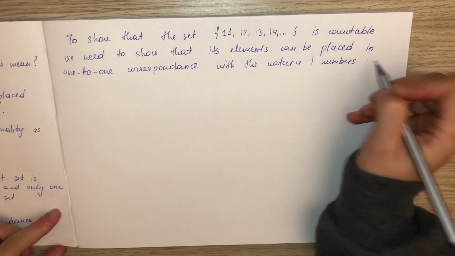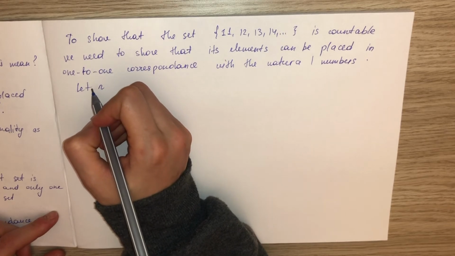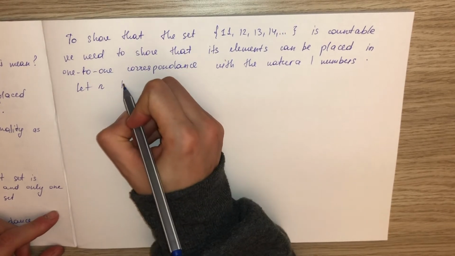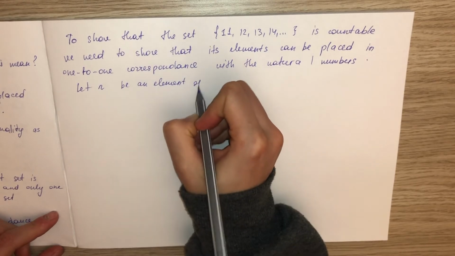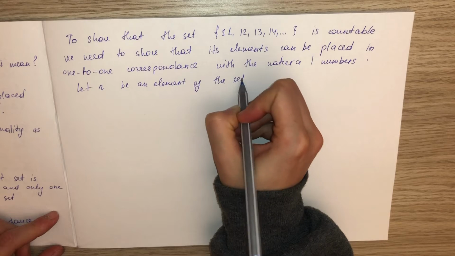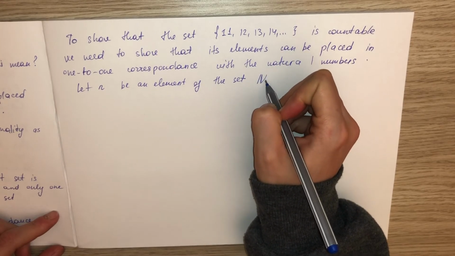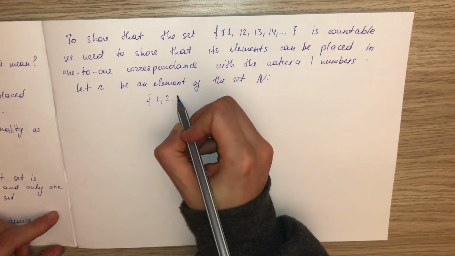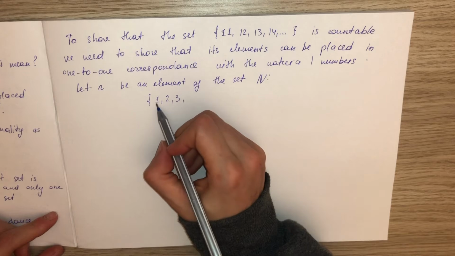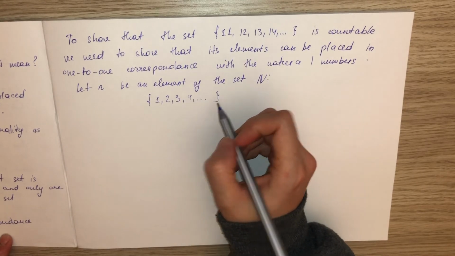And let n be an element of the set N. This is the natural number set. As you know, it starts with 1 and it's infinite.